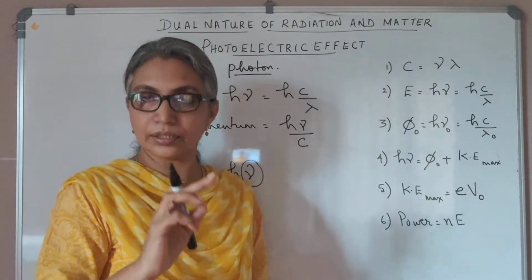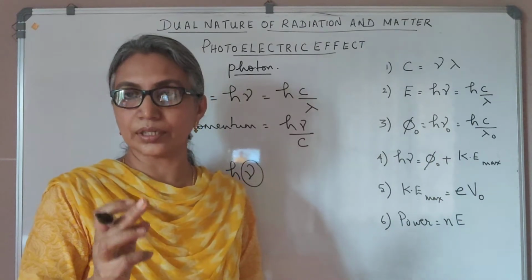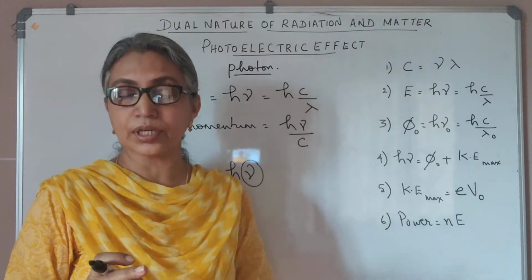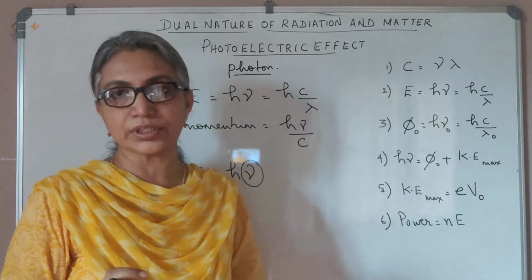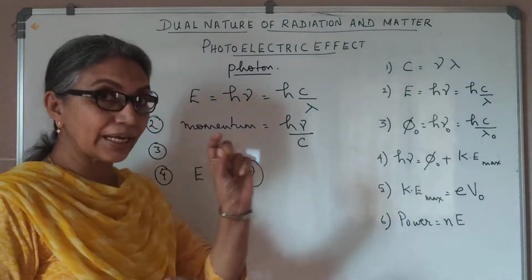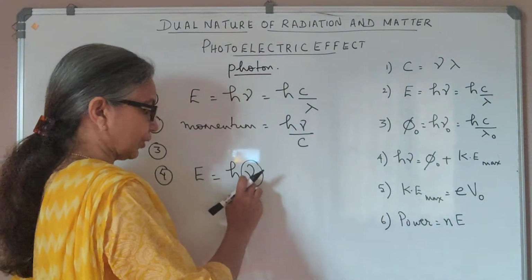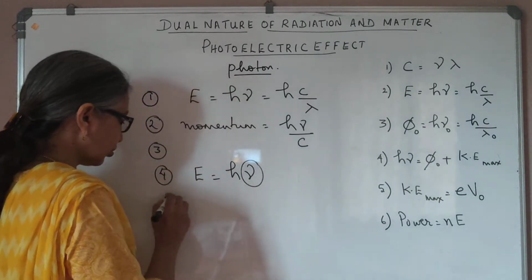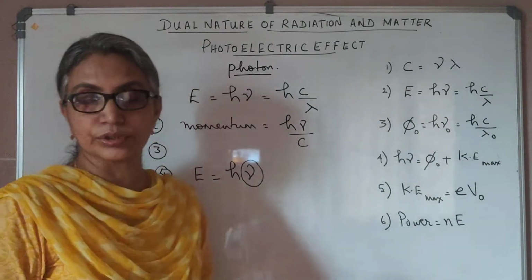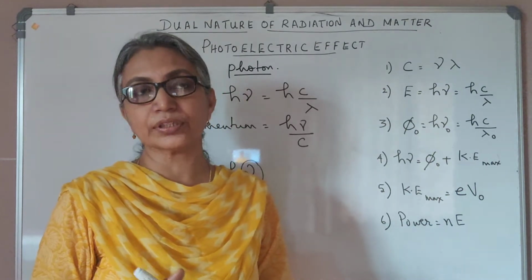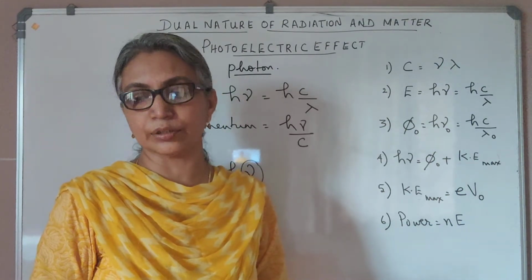If you increase the intensity of the electromagnetic radiation, please understand you are only increasing the number of photons in 1 second in unit area, but not increasing the energy of each photon. Energy of each photon depends only on its frequency. And also, the photons are neutral. They are not electrically charged, and therefore they cannot be deflected using an electric field or a magnetic field.